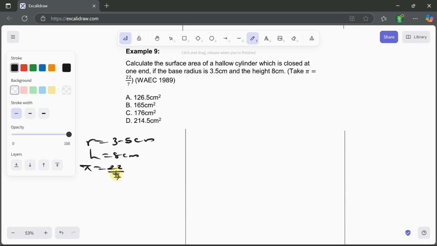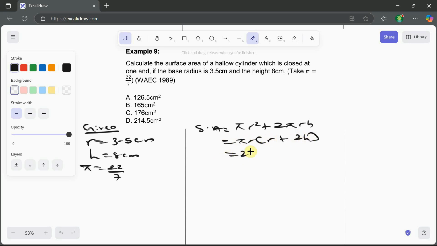With a theory question, you always want to state the given, right? Then state the formula. So for a closed one, I know that the surface area would just be the area of the bottom, which is pi r square, plus the curved surface area, which is 2 pi r h. We're not adding the top because it's not closed at the top, it's only closed at one end. So if I factor out pi r, this would be r plus 2h.